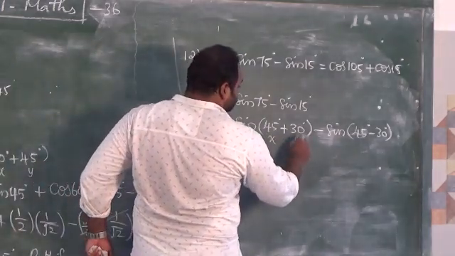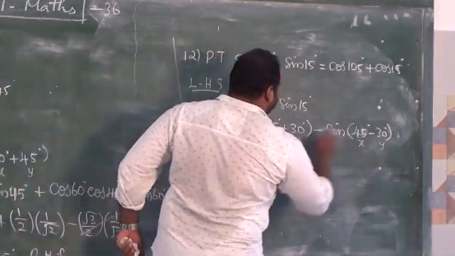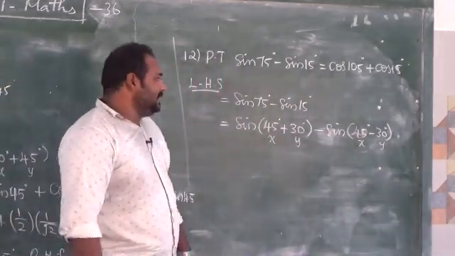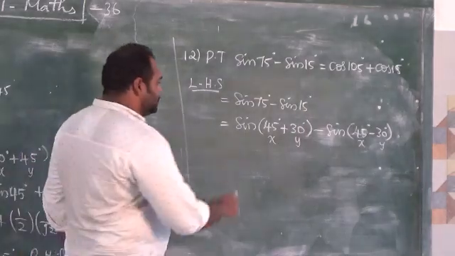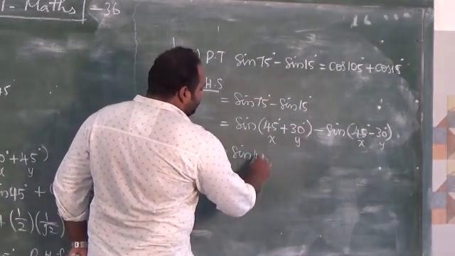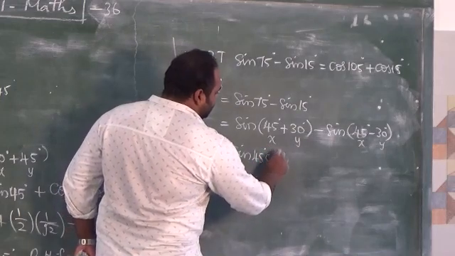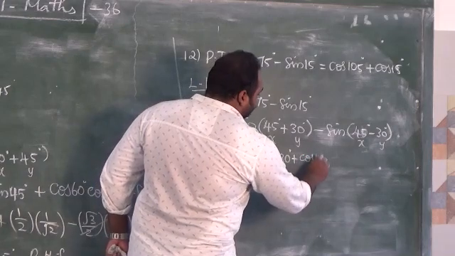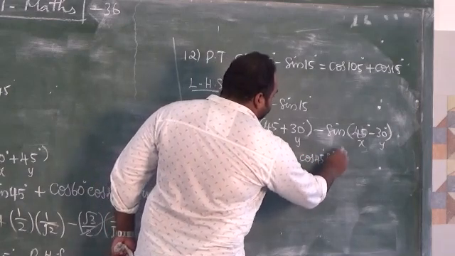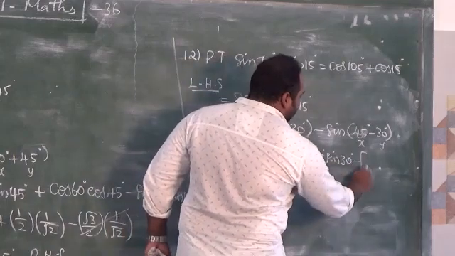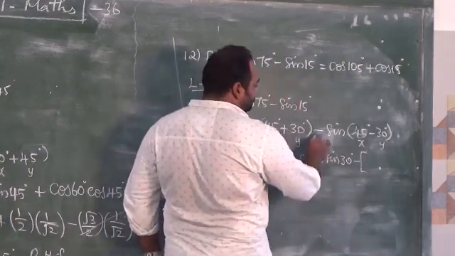This is considered as x, y. Sin x plus y formula: sin x cos y plus cos x sin y. Using the formula, I am going to expand this: sin 45 degree cos 30 degree plus cos 45 degree sin 30 degree, minus of, you take the bracket because it is minus.